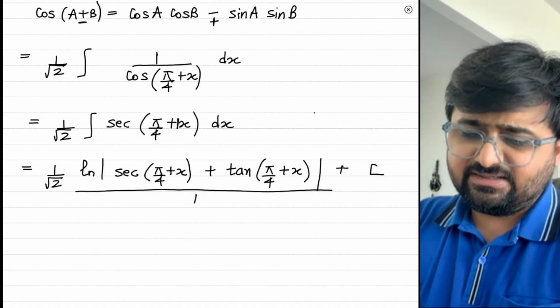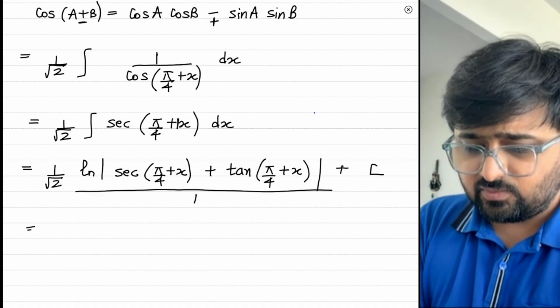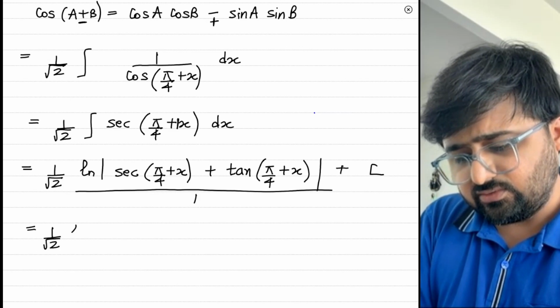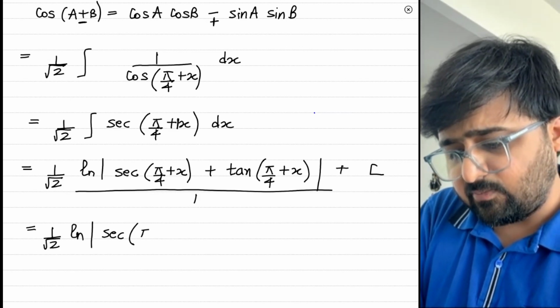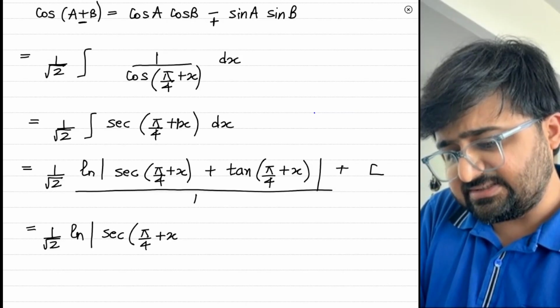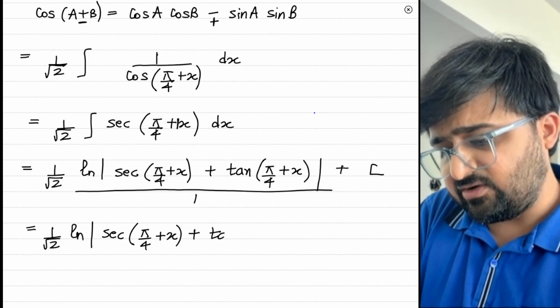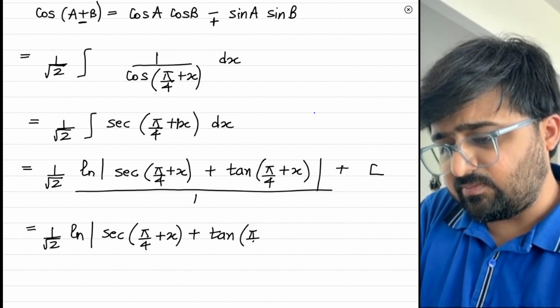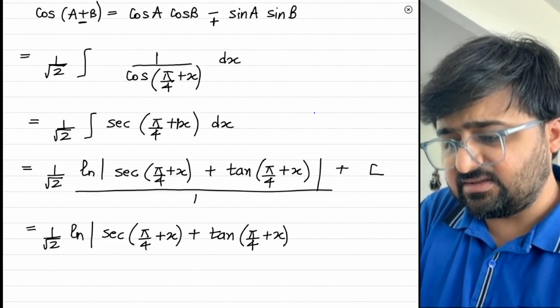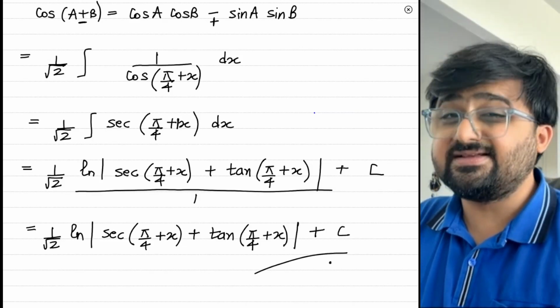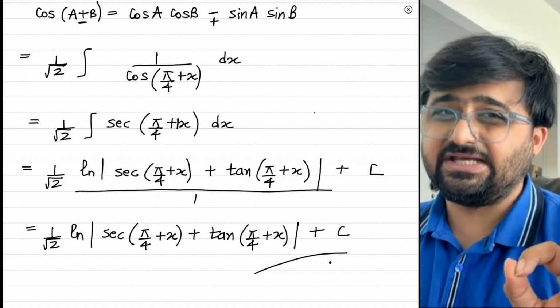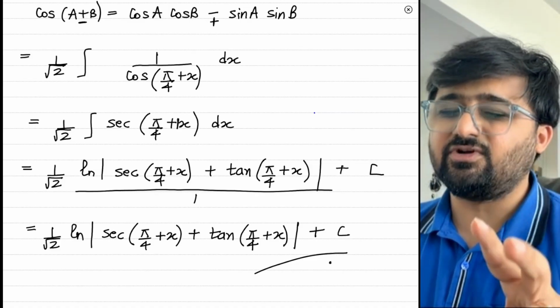So your final result here is 1 over root 2 ln of mod of sec of pi by 4 plus x plus tan of pi by 4 plus x, close the mod, plus the constant of integration c, and this is nothing but the final result of this integral. How interesting but easy was that integral?